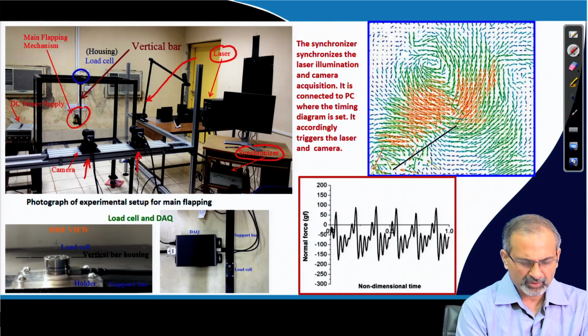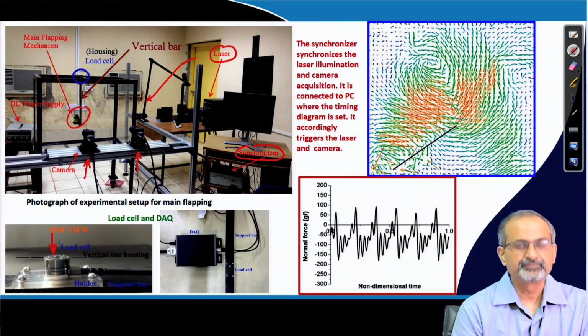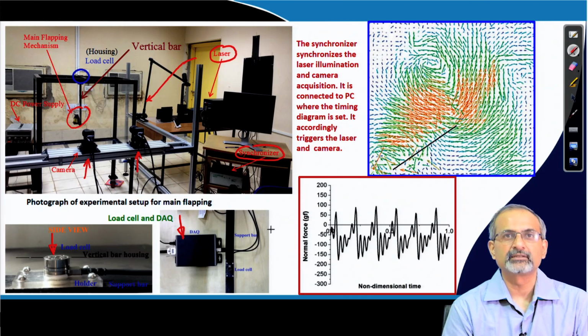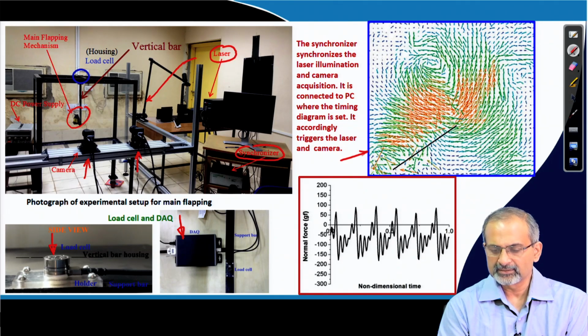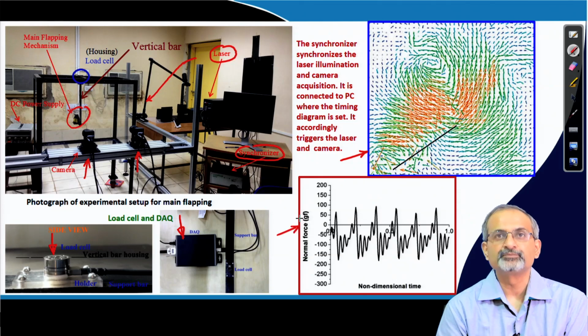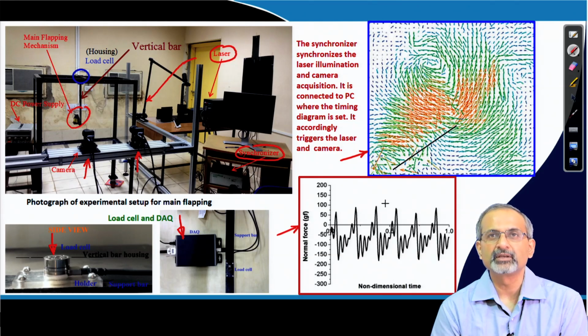You have close ups of the load cell and the DAC which is associated with the load cell. Once you perform the experiments, then you will get simultaneous measurement of the velocity field using your PIV system.